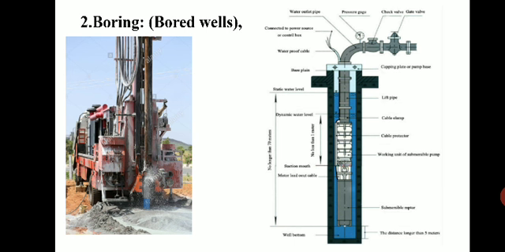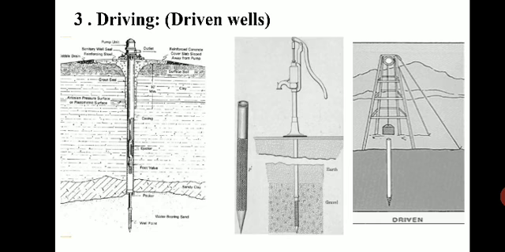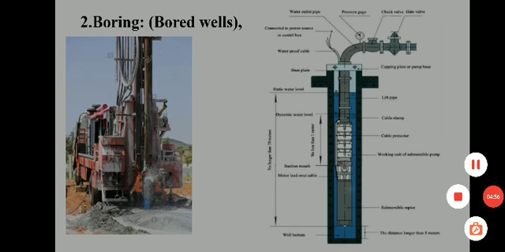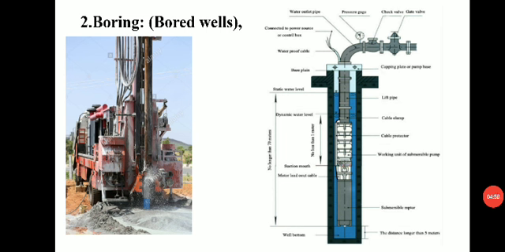Here in the image you can see the different components of a bored well. There are pipes with valves for pumping. Such bore wells can go up to 20 centimeter diameter and about 15 meter deep.